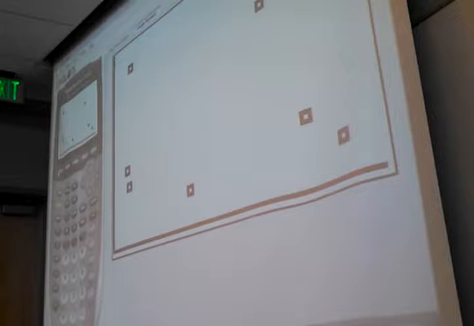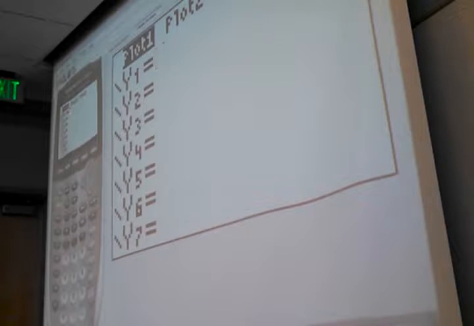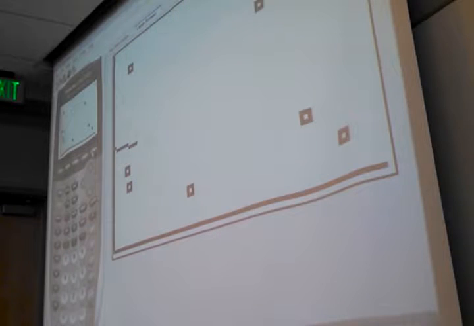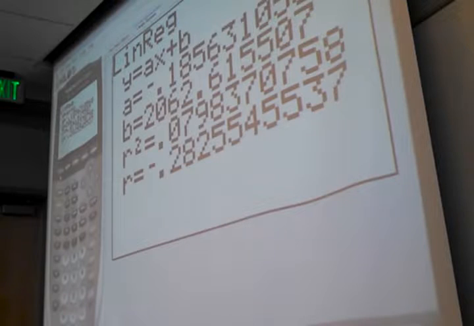Now if we put in the line, who's got that? Negative 0.18x plus 2062. Yeah, okay. Yeah, cool.